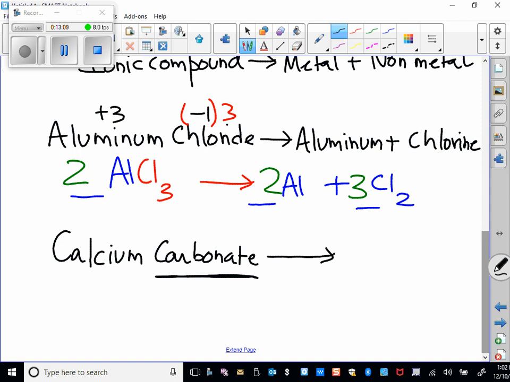CO2, very good. What will always get released is carbon dioxide, plus the remaining will be the metal oxide. Doesn't matter what metal carbonate they take, one of the products will be carbon dioxide, the other one will be the metal oxide.